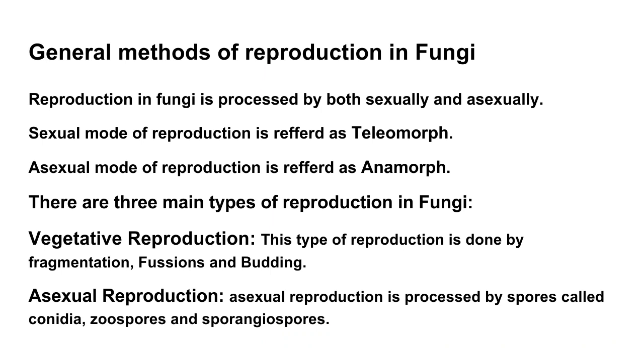Vegetative reproduction is done by fragmentation, fusion and budding. Asexual reproduction is a process carried out by spores called conidia, zoospores and sporangiospores.